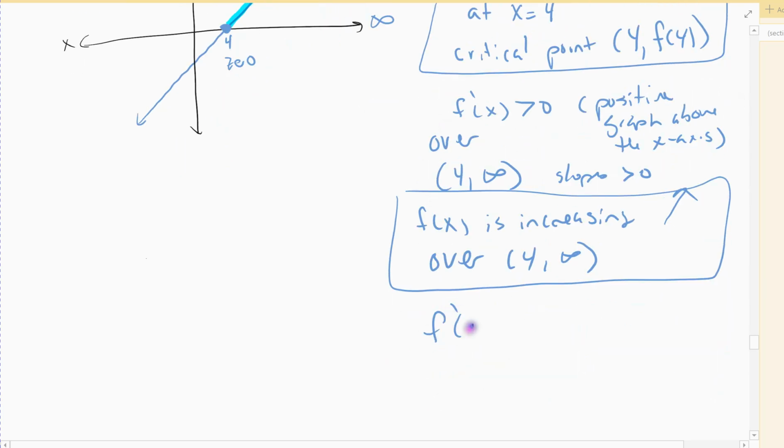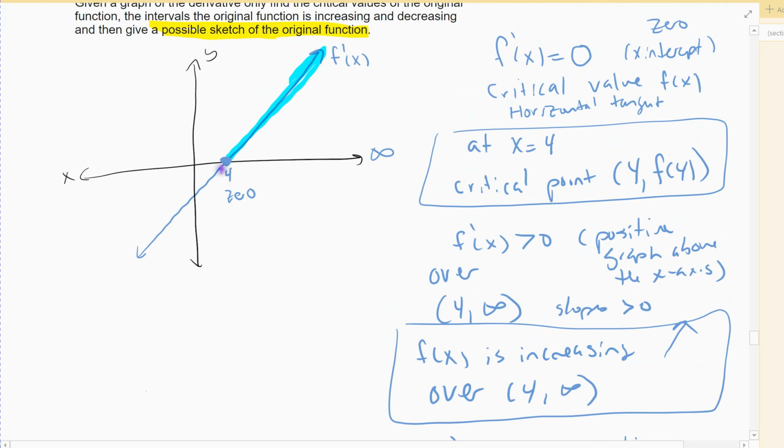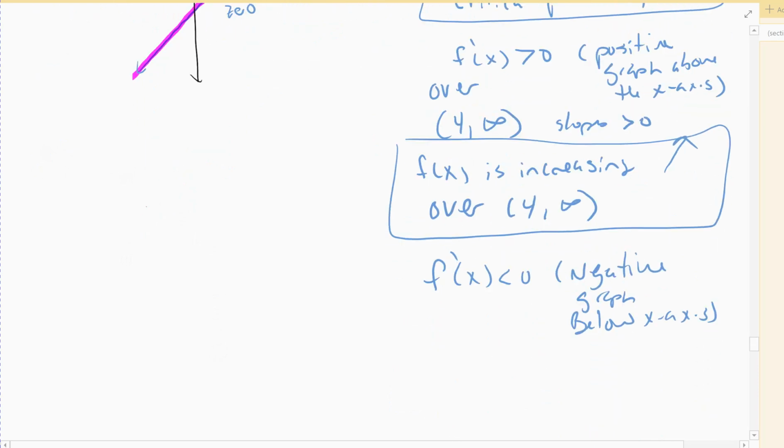I also know when my derivative is negative. It's negative when its graph is below the x-axis. The graph is below the x-axis on this piece, from negative infinity to 4. Over that whole piece the derivative is negative, which means my slopes are negative.